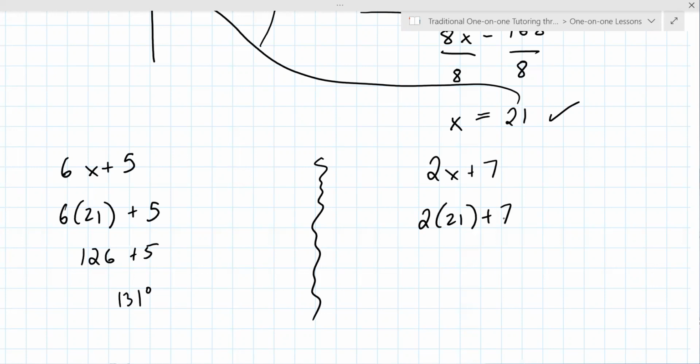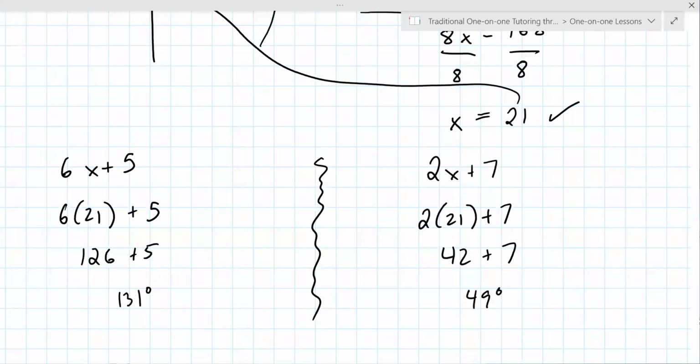What is 2 times 21? That is going to be 42. It's 42 plus 7. Yep. That is going to equal 49. 49 degrees. Very good.